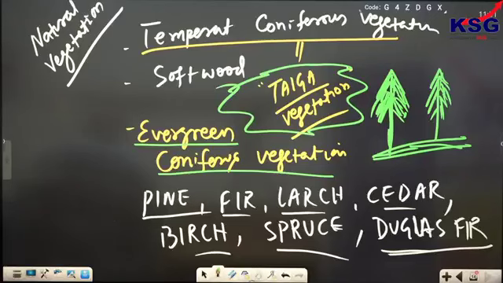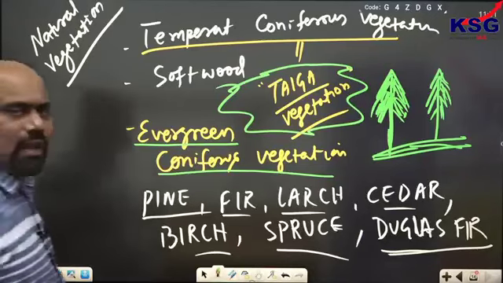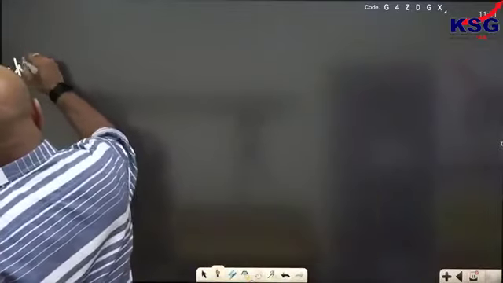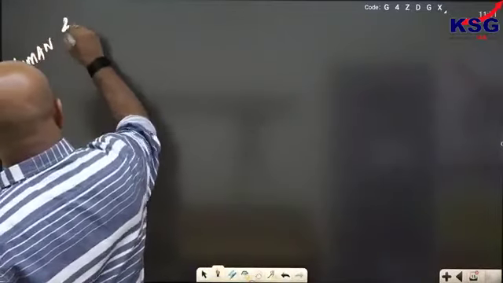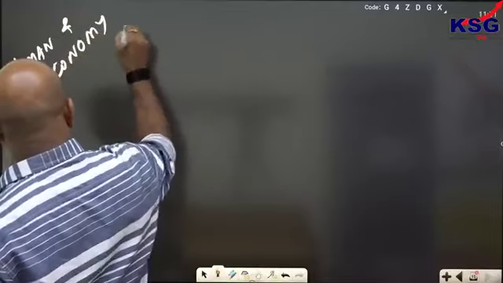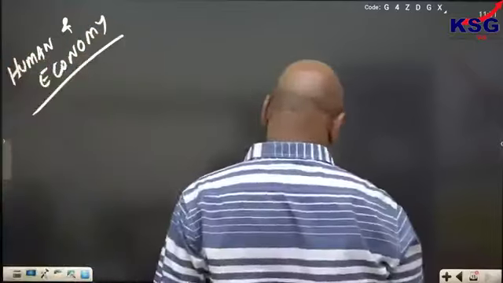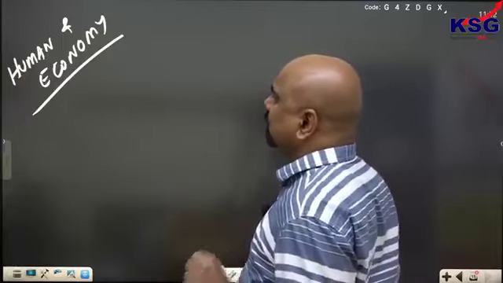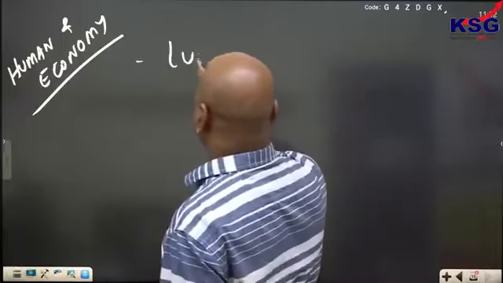This region is in fact not that favorable for agriculture, but lumbering is the most important. If I talk about the human and economy of this region, this climatic region is known for lumbering.